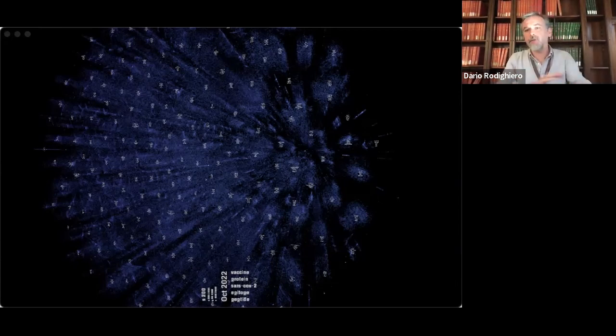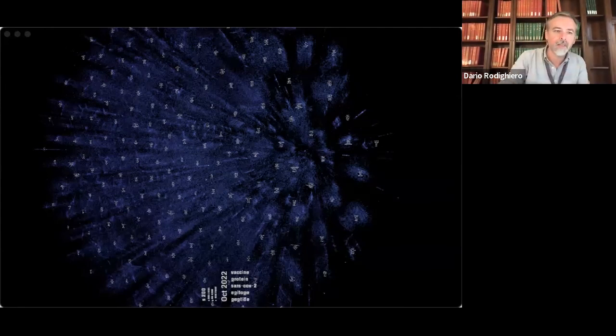And here in the visualization you see this beautiful network in which each point is a scientific publication. And just consider that this visualization was created in June 2021. So I think at this point we can have more than 1 million publications related to COVID.